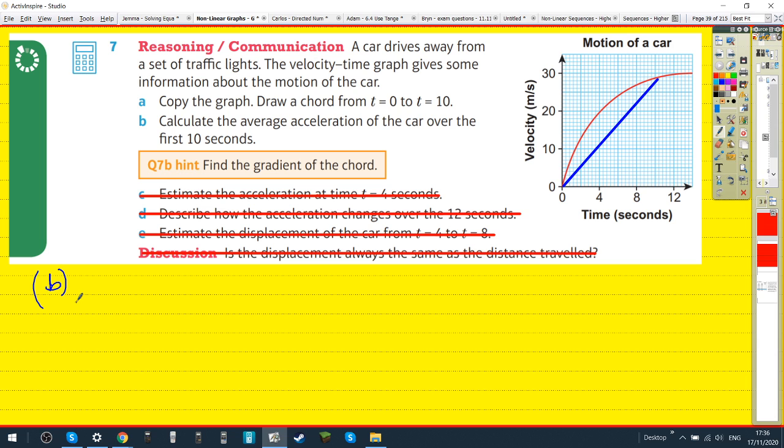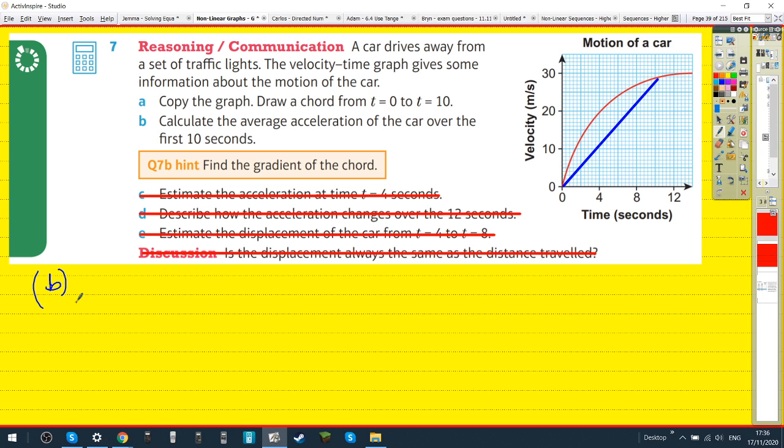Calculate the average acceleration of the car over the first 10 seconds. So, do you have to do it according to the blue line or the red one? Blue line would be the average rate of change, from 0 to 10.